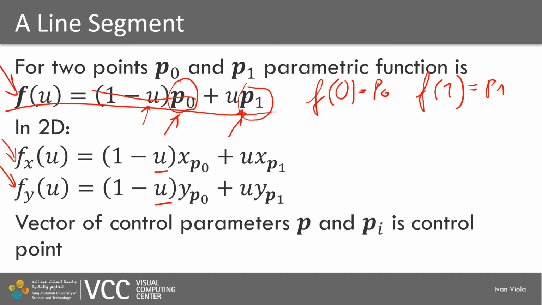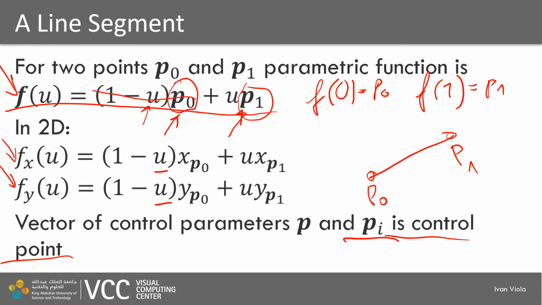So these points, P0 and P1, are the control points of our curve. So often we would like to define our curve by some control points. So I have now defined my linear segment between the points P0 and P1, and this will define me this linear segment.